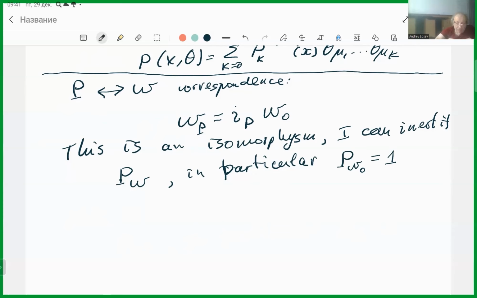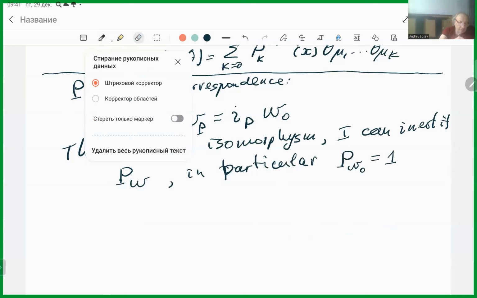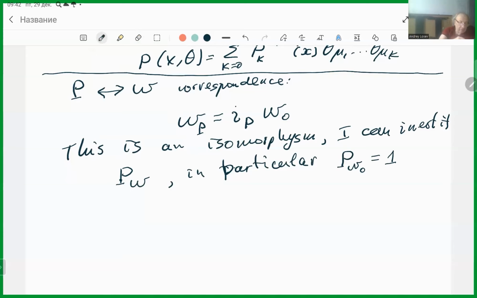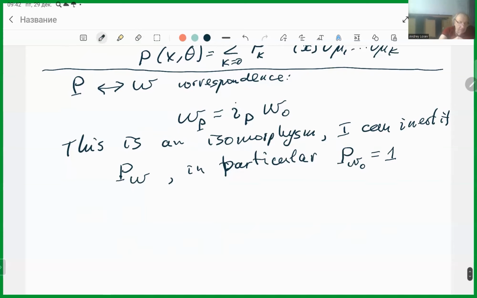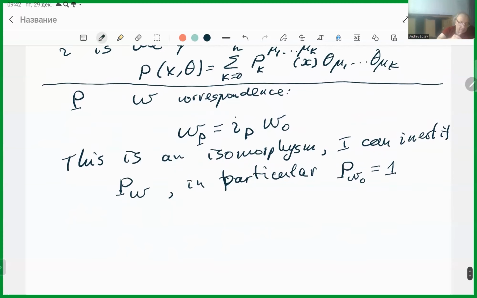I can do the following. Let me call this transformation, okay, I will write it in this way.